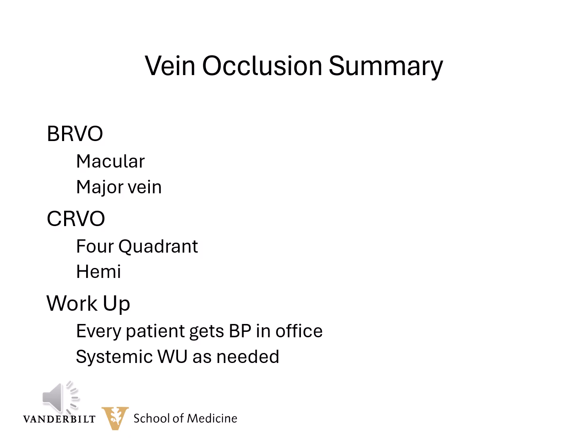Every patient with a vein occlusion needs to have their blood pressure checked in the office before they get sent out. Even though vein occlusions are associated with hypertension, atherosclerosis, hyperlipidemia, and all that, you do a systemic workup as needed, whether the risk factors are known or especially if they are young patients.